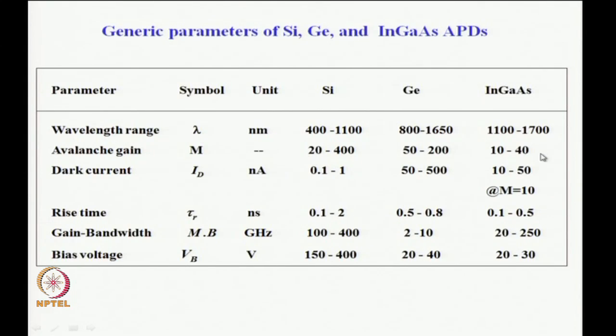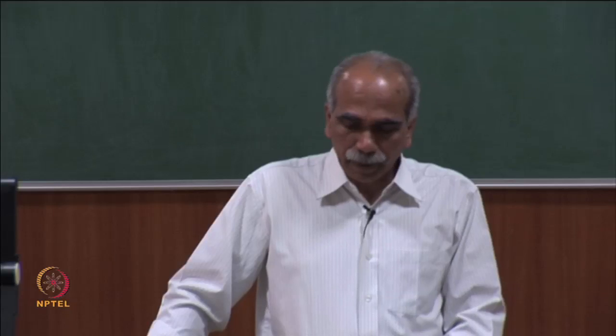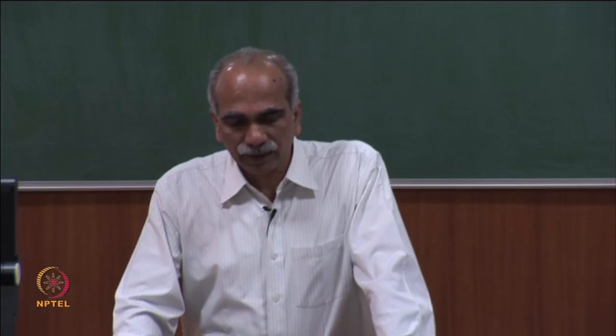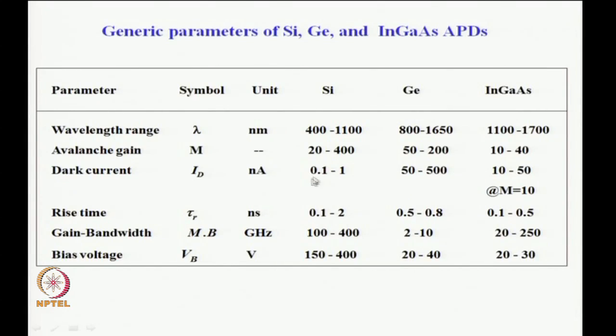Of course, it depends on the operating voltage, but this is the range of gain, and typically of the order of 100 is the current gain employed in practice. The dark currents are again listed here. The dark currents in this case are relatively large because you have applied a larger reverse voltage, corresponding to a gain of M equal to 10.